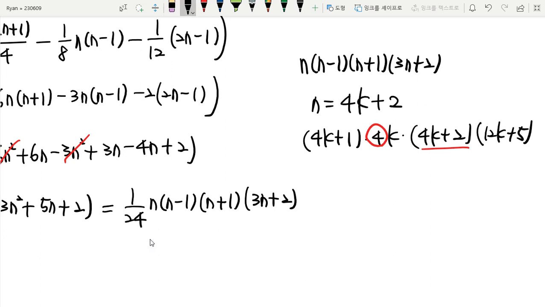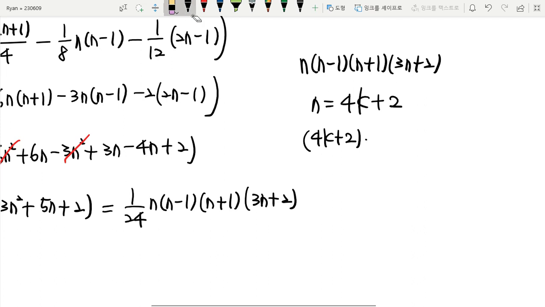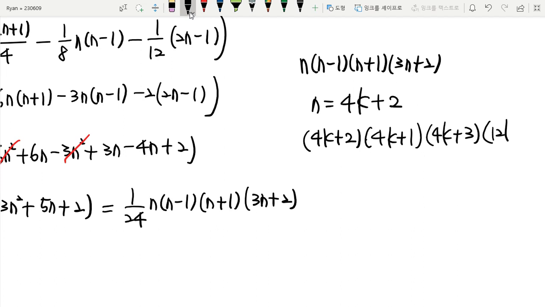So if we change n to 4k plus 2, in this case, the first number is even, and the last number is a multiple of 4.